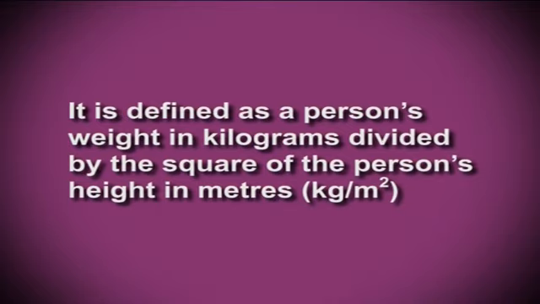It is defined as a person's weight in kilograms divided by the square of the person's height in meters, which is kg divided by meter square.